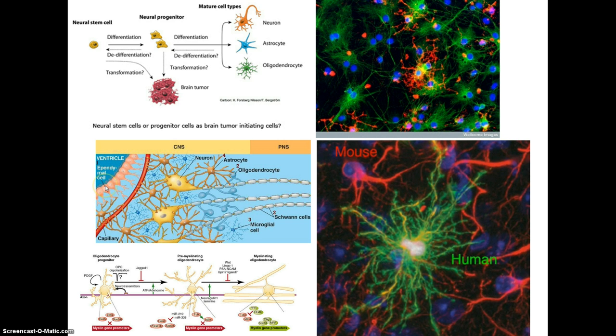It could be differentiating into ependymal cells. They have to be replaced, so the stem cells should be replacing those. We see the vasculature, the astrocytes, the microglia, the neurites, and the oligos. So anytime we look at a cross section through a tumor, which of these might be represented in there?